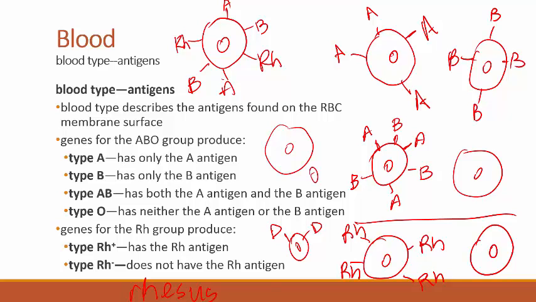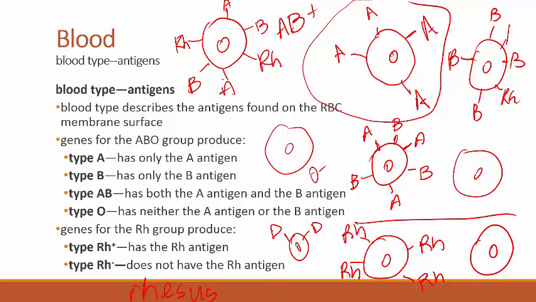So this is O negative. This person is AB positive. And of course, anywhere in between. If we were to look just at this A cell here, that would be an A negative cell. If we were to add some RHs here, then this would be a B positive cell.